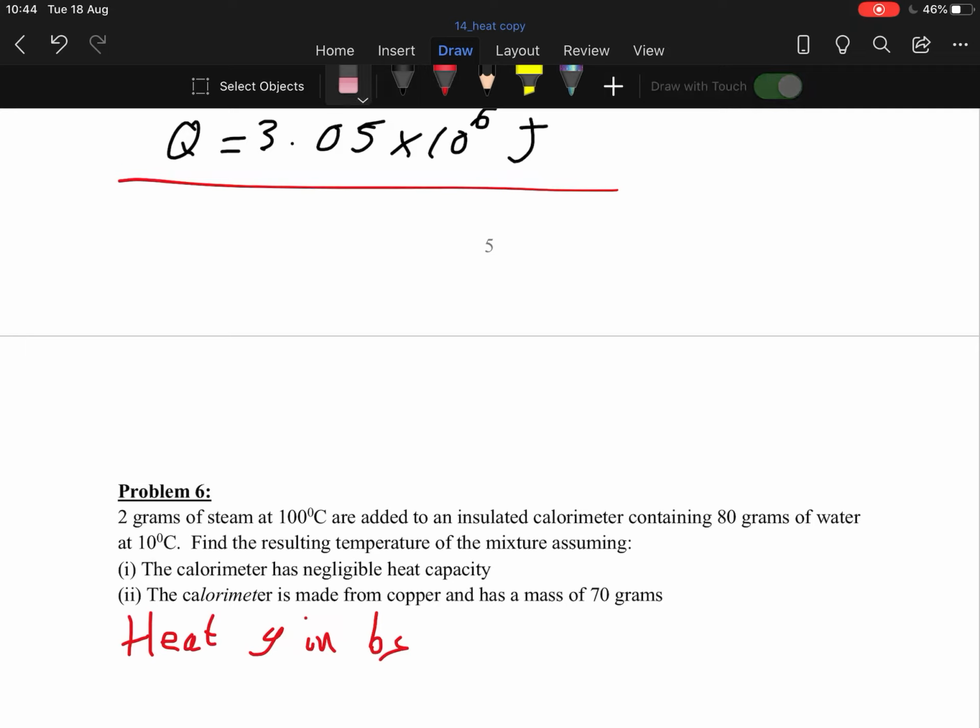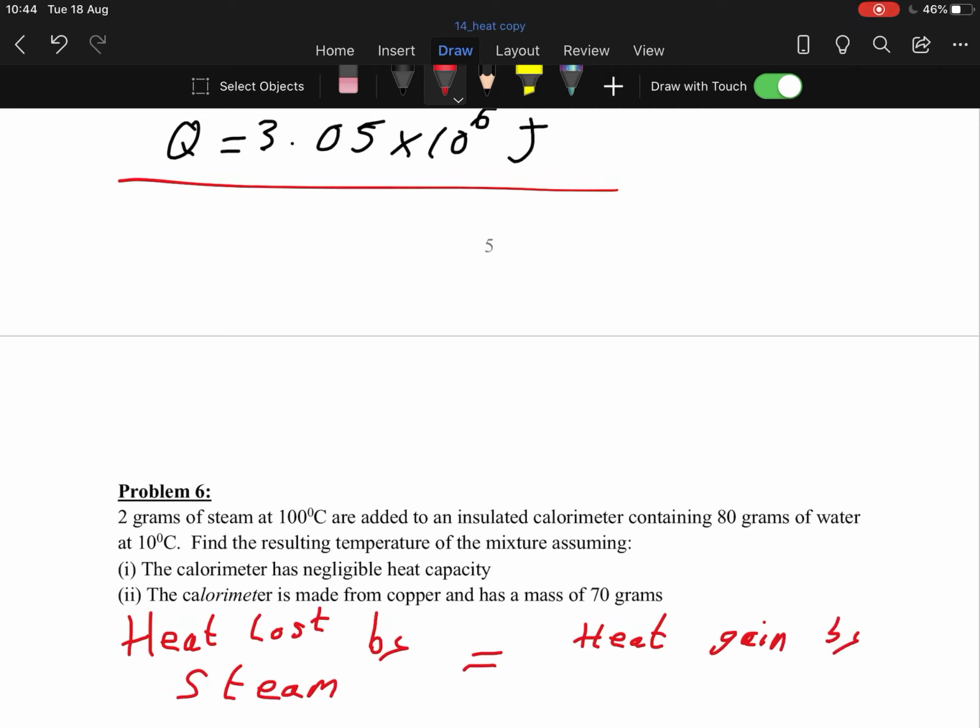Oh, apologies, not heat gain. It should be heat lost on the left hand side. Heat lost by, what's losing heat? It's going to be the steam, isn't it? If it's losing its heat, what's gaining it? The water.